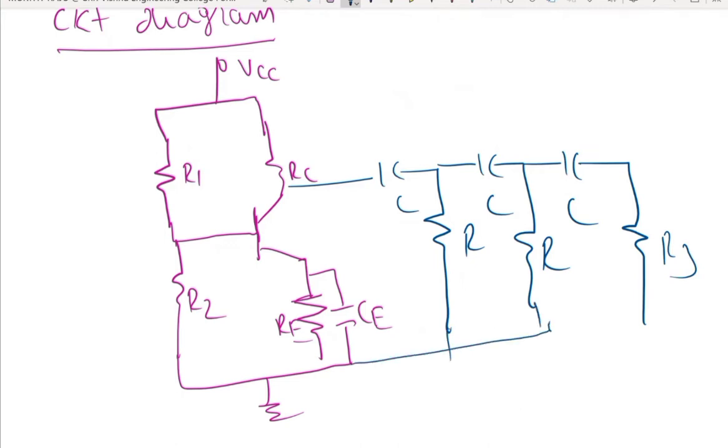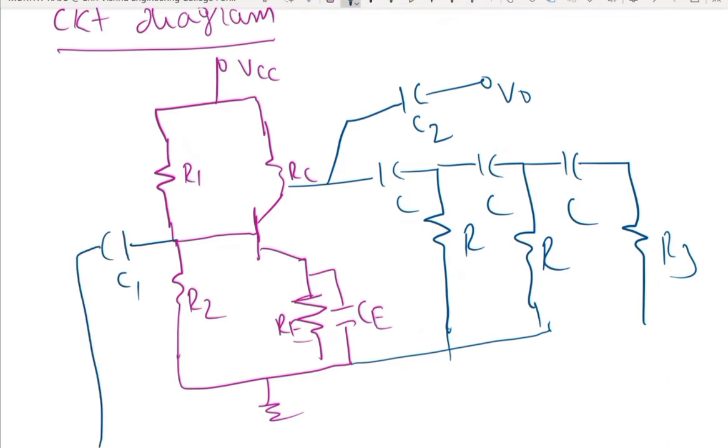All are connected here, connected to ground. Here, the coupling capacitor is C2. Output is taken across here. Here the coupling capacitor is C1.